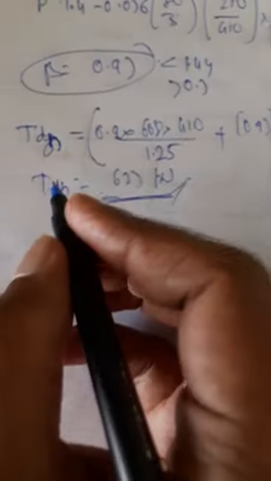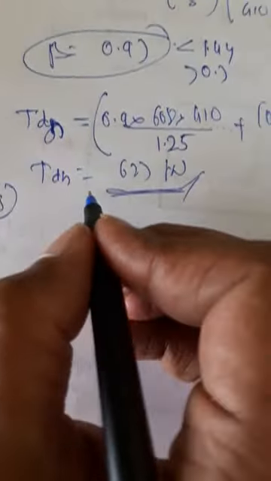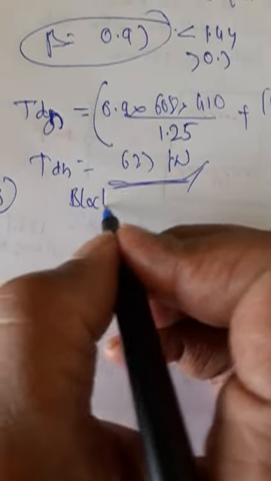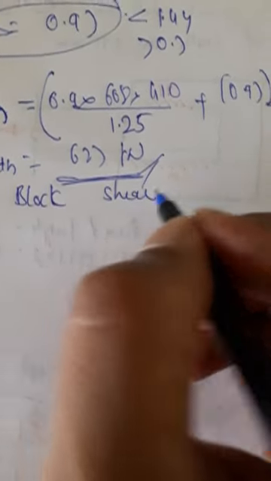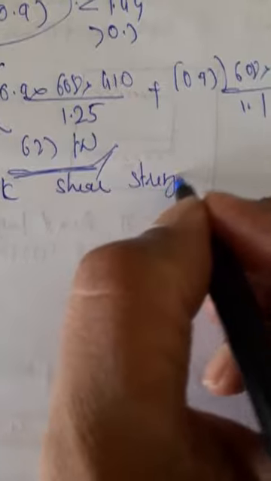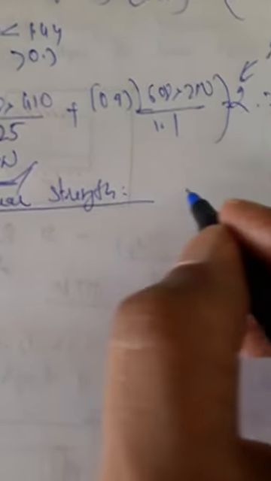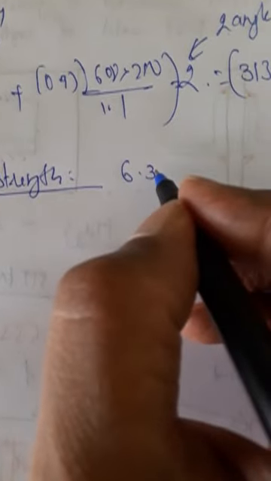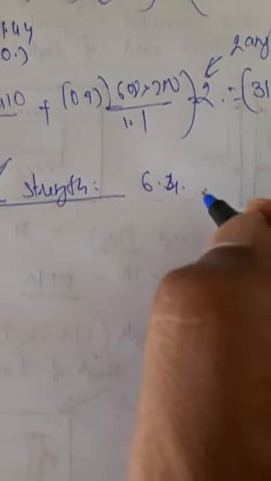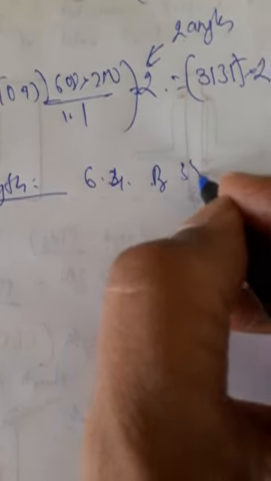Now we'll start with third step, block shear strength. Now refer to 6.4 clause, page 33.